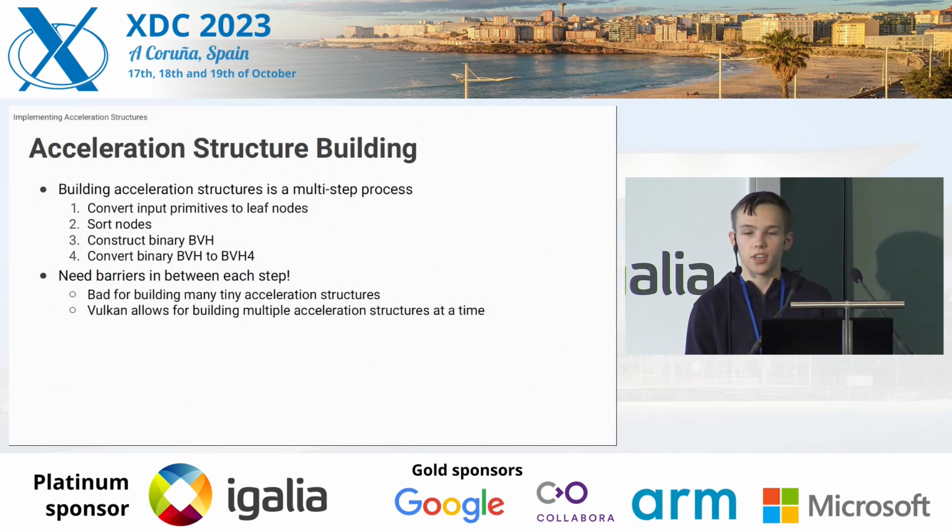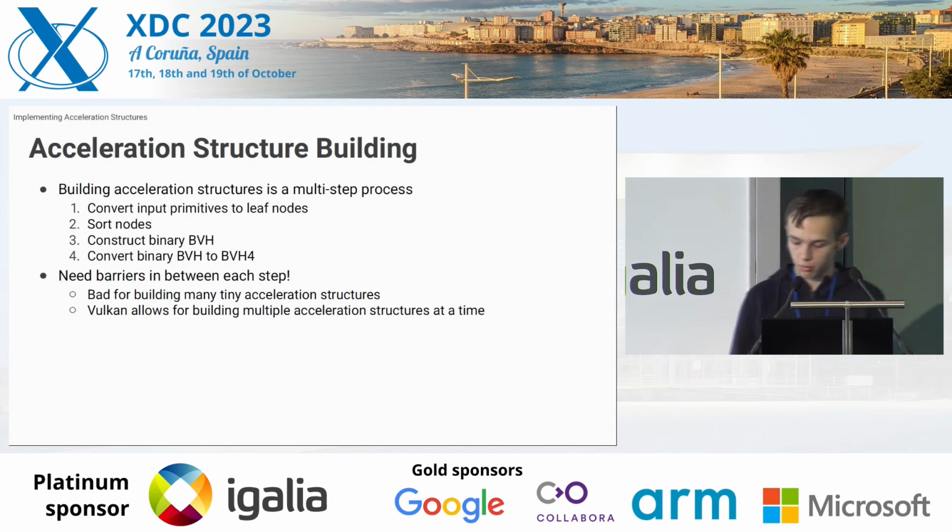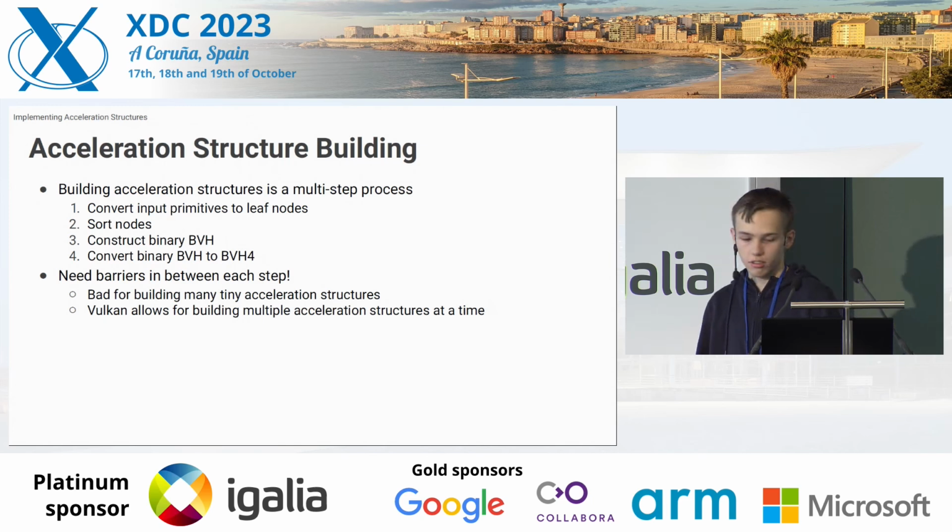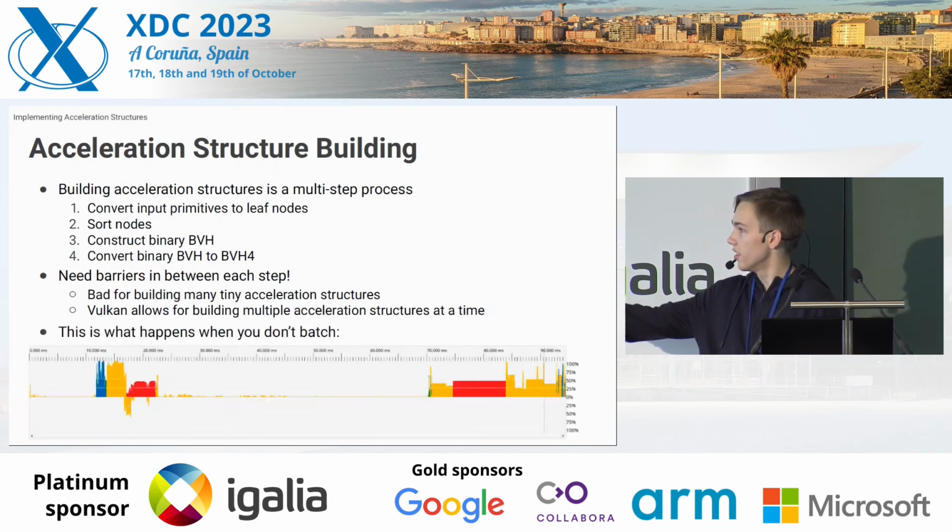And if you have lots of tiny acceleration structures that you build one after another, that's going to be terrible for GPU utilization. That's why Vulkan also has a concept of batching multiple acceleration structure builds in one command, and then we can just execute all of these steps in parallel for each of these acceleration structures, which kind of solves that problem. And this batching actually makes a huge difference in practice, because if you don't batch, your GPU utilization graph is going to look like this.